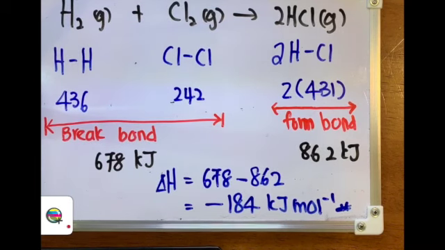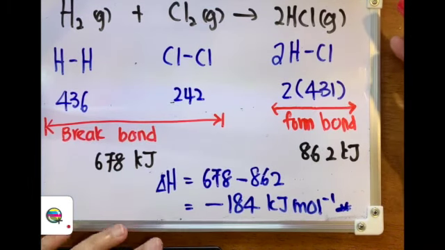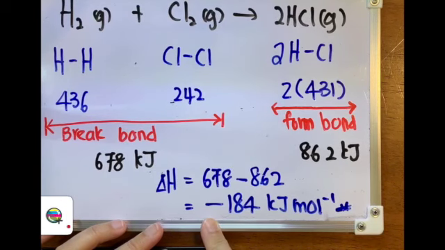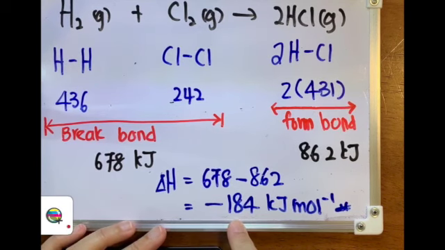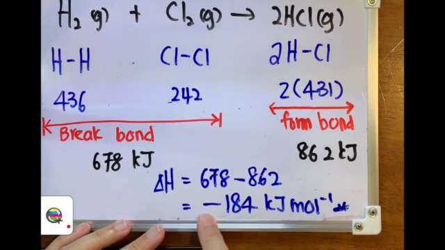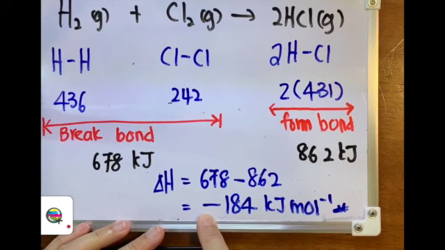I repeat, this chemical reaction is an exothermic reaction because the delta H for the reaction carries a negative magnitude. And this negative symbol stands for a total amount of 184 kilojoule of energy being released out to the environment. So when heat is released out to the environment, the chemical reaction is an exothermic reaction.